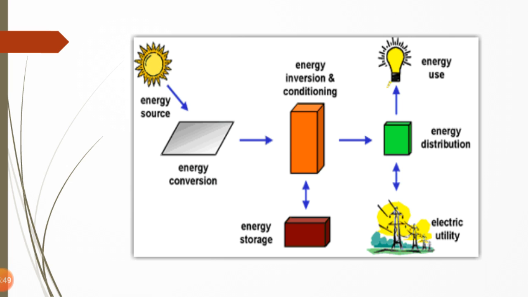So there is energy storage, that is the batteries, and after that there is energy distribution. That means if we have the proper amount of electricity, we can distribute it to the consumer. It is used for different purposes such as glowing a bulb and other electricity utilities. That means we can give it to the electricity grid, and from that we can distribute this electricity to the consumer for different applications.